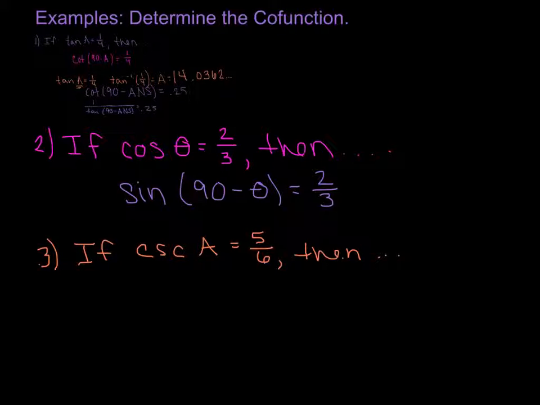So I know the cofunction for cosecant is secant, and it's going to be 90 minus A, or I could say pi over 2 minus A, which is the same as saying 90 minus A, because pi over 2 is 90. And since the cosecant of A equals 5/6, the secant of pi over 2 minus A would have to equal 5/6.